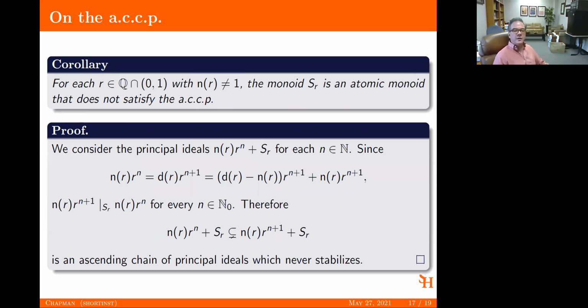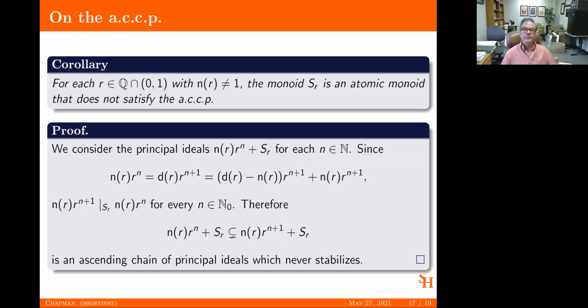And using this result, you get what I think is a nice set of objects, which would be a good way to introduce students, even beginning graduate students, to this notion of things that don't satisfy the ascending chain condition.